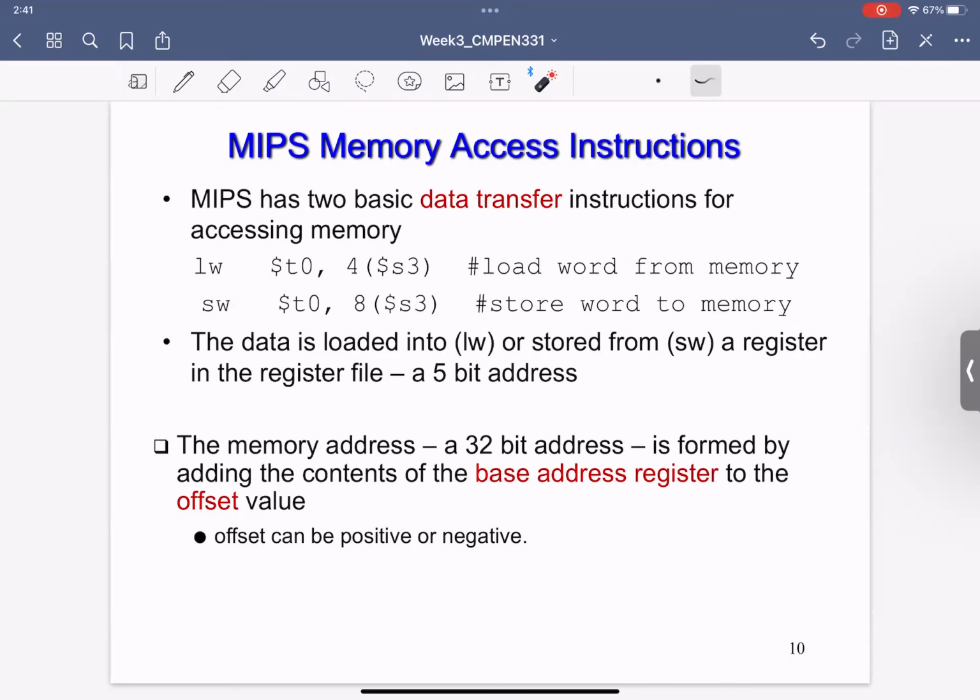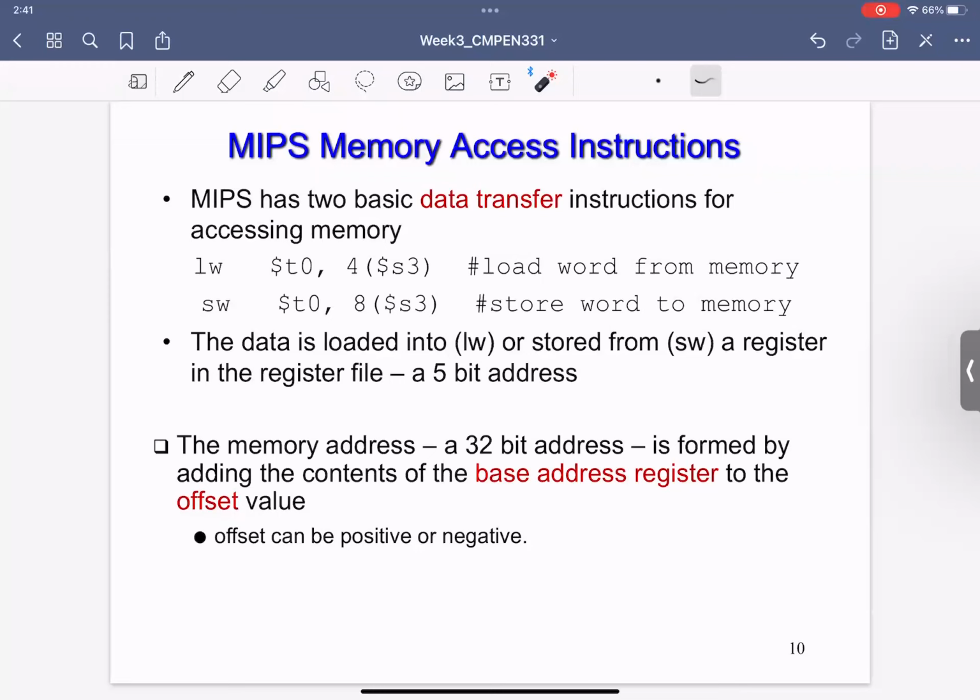It's just 32 places. But if I would like to take anything from the memory to the register, or the other way around, I need to use a slightly different format, which we will cover. I also need to use another command in that situation. There are two commands that I always use if I would like to move from the memory to the register or from the register to the memory.